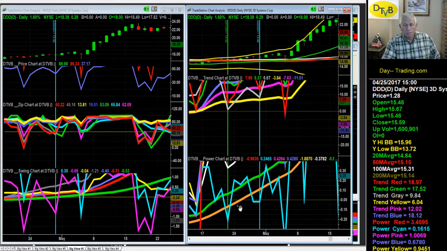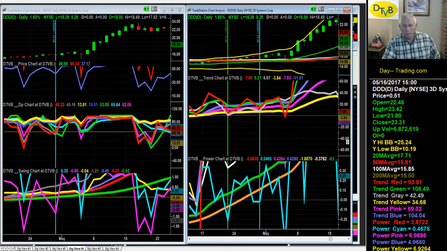And so the best thing to do when you see that is to get into it, and you can trade it just based on the green line and the orange line as they go up if you want.